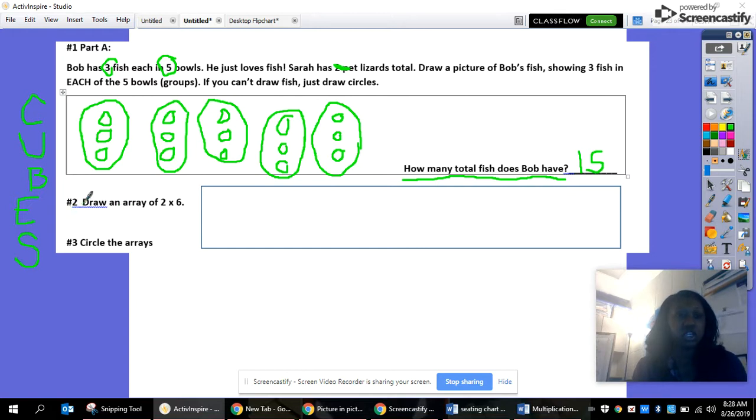It says, draw an array of 2 by 6. I know the first number is always telling me my rows, and my second number is always telling me my columns. So I need 2 rows. 1, 2. And there's going to be 6 things in each row because there's going to be 6 columns.